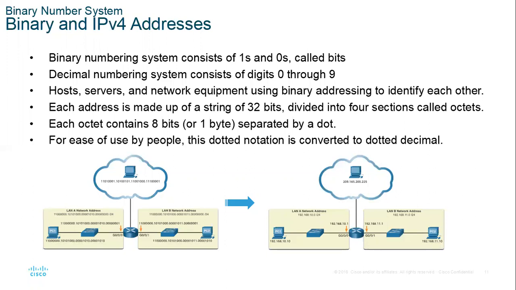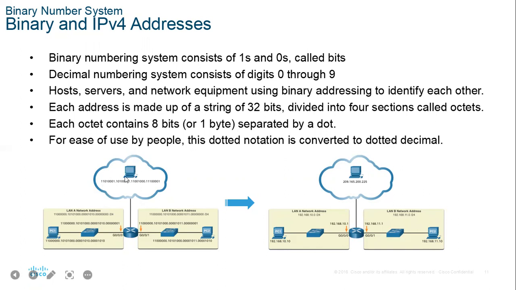So for IP version 4, which is 32 bits, you split it into 4 pieces, and you have 8 bits per section. Each octet is 8 bits; if we divide 32 by 4, you have 8.